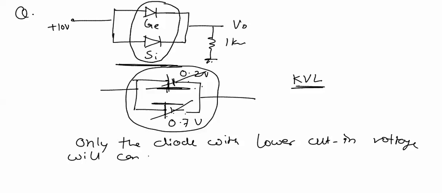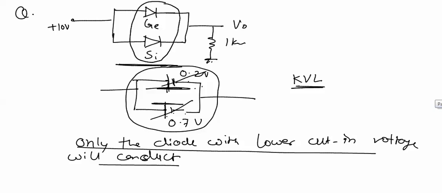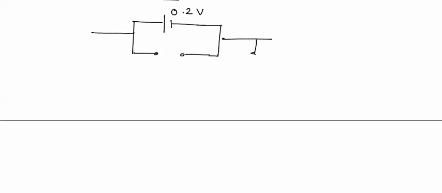If the diode with the lower cut-in voltage conducts, then we will draw the circuit accordingly. The germanium diode has the lower cut-in voltage of 0.2 volt, while the silicon diode has the higher cut-in voltage, so it will not conduct, and if a diode is not conducting, it will be replaced with an open circuit.